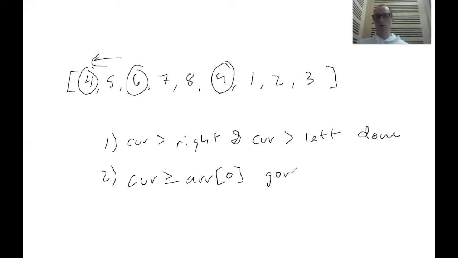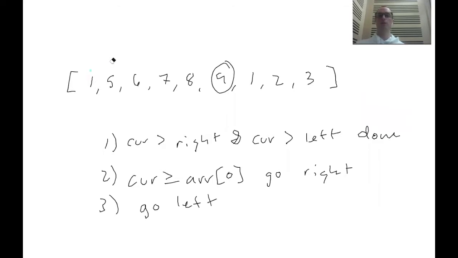So we need to go right. And if that's not true, well, then that means that we need to go to our left. So using this strategy, we should be able to find our peak. So let's go through one iteration of finding our peak just to prove to ourselves that this will work.